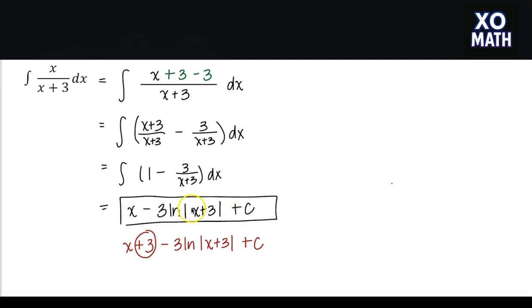But it turns out it's the same as what we have here, because our generic constant is meant to encapsulate any constant value. And so we can really just lump this plus 3 in with the generic c. In the previous answer, we could have elected to not write plus 3 and just said that's included with any generic constant. So these really are equivalent answers.